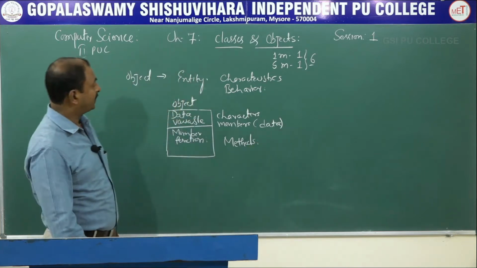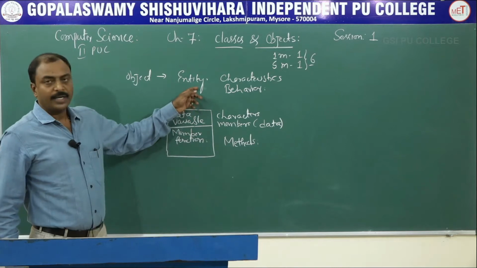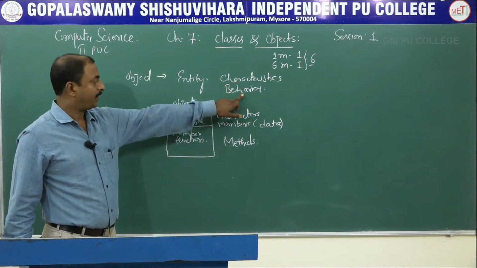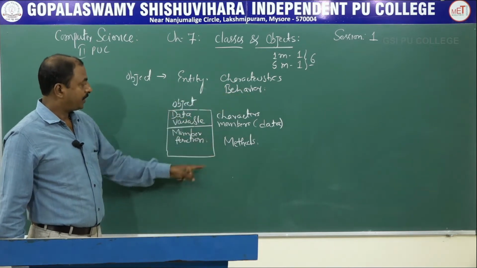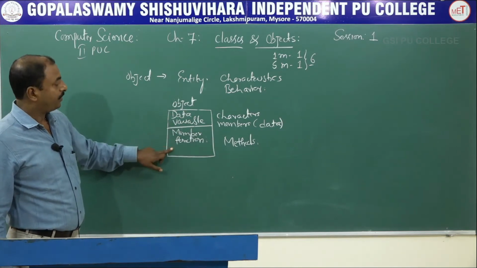See, this is how we represent object. What is an object? Object is an entity having some characteristics and behavior. So for example, if this is an object here, it has some characteristics and behavior.